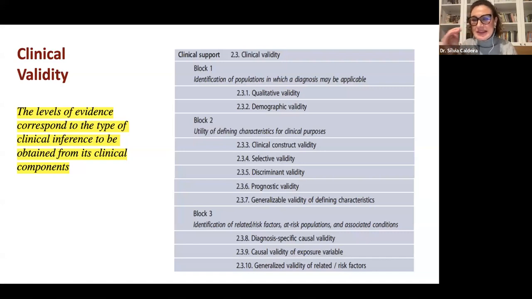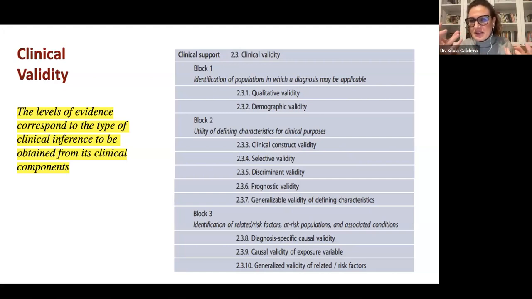But this is very challenging, because it's like live research. You study the nursing diagnosis, the dynamic of the nursing diagnosis, the composition of the nursing diagnosis in clinical context.